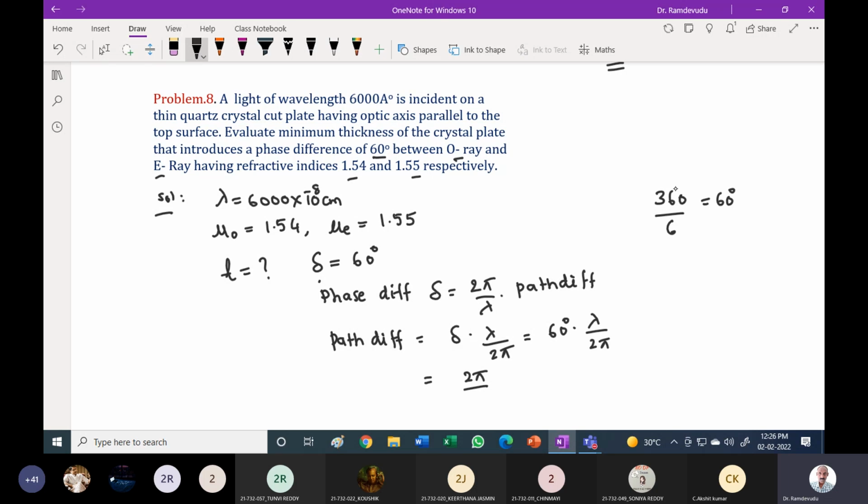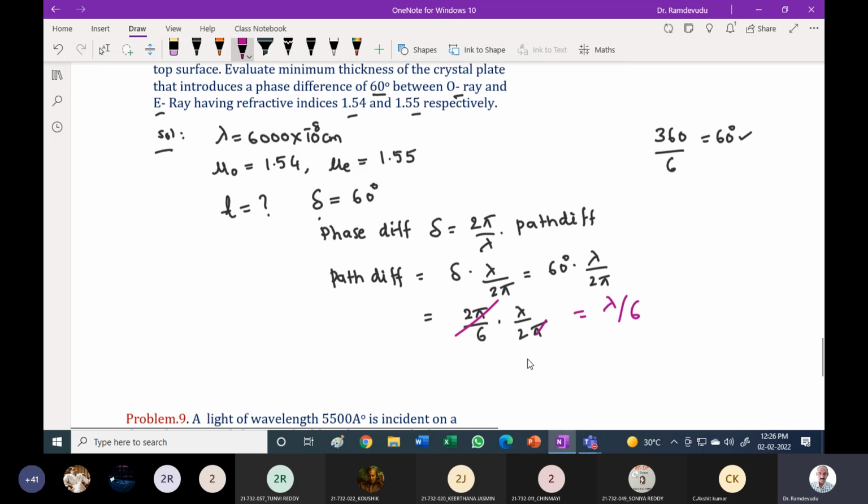If I divide by 6, I'll get 60 degrees. Therefore, 60 degrees is nothing but 2 pi by 6 into lambda by 2 pi. You can cancel 2 pi, and I'll get lambda by 6. Therefore, a phase difference of 60 degrees equals a path difference of lambda by 6.